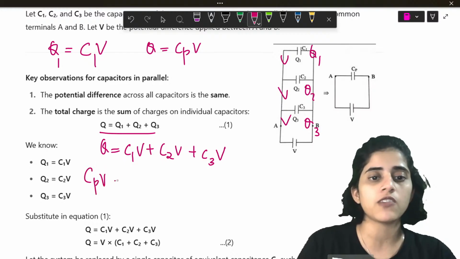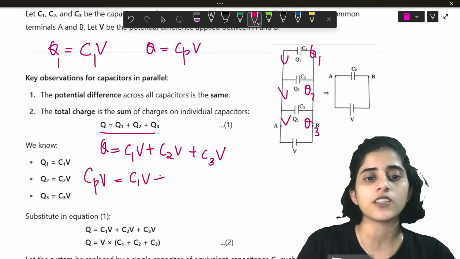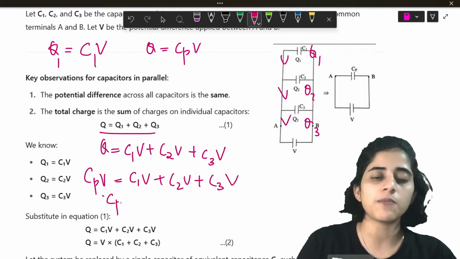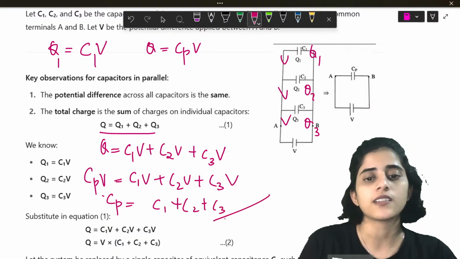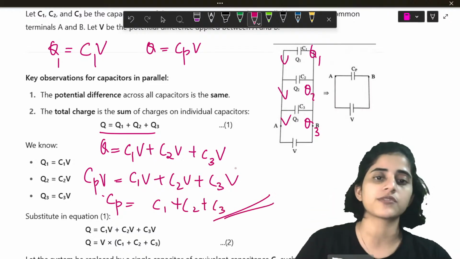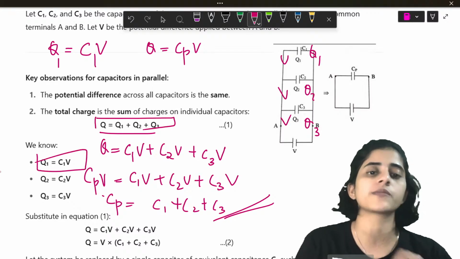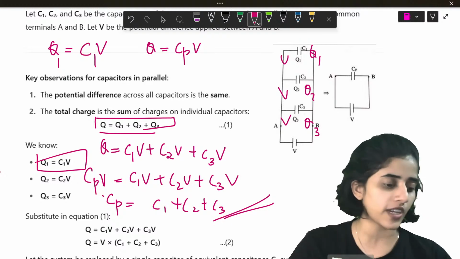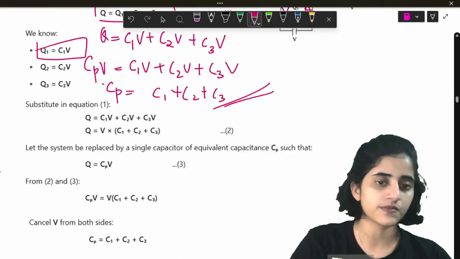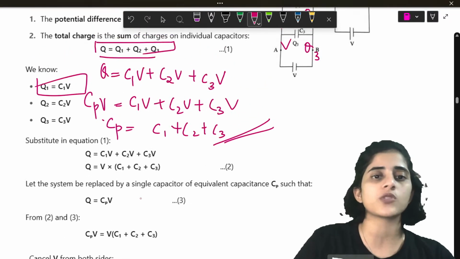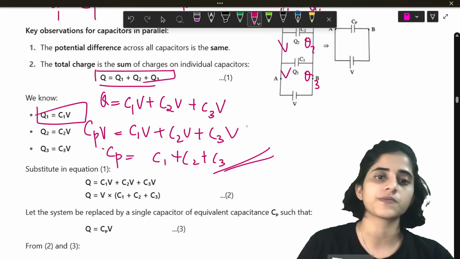So CPV is equal to C1V plus C2V plus C3V. So CP is equal to C1 plus C2 plus C3. These steps are more than enough. That's all that you need to write. So you will get CP is equal to C1 plus C2 plus C3.